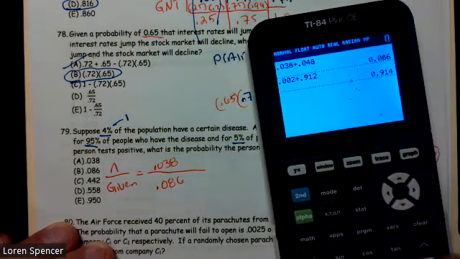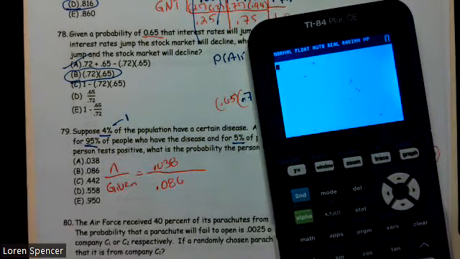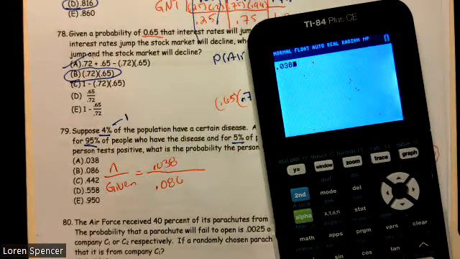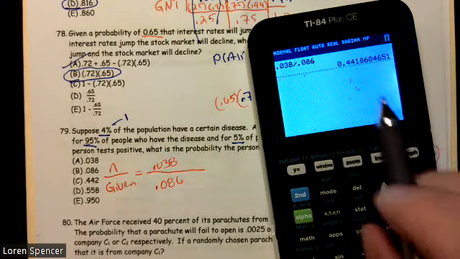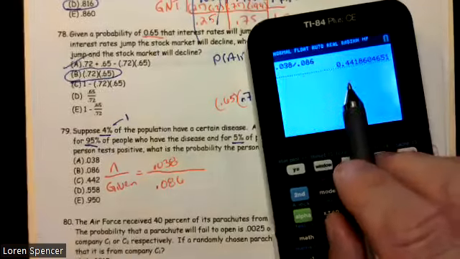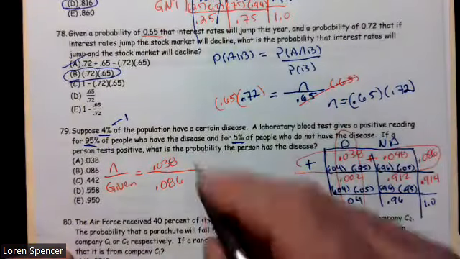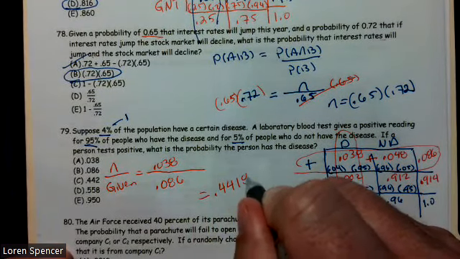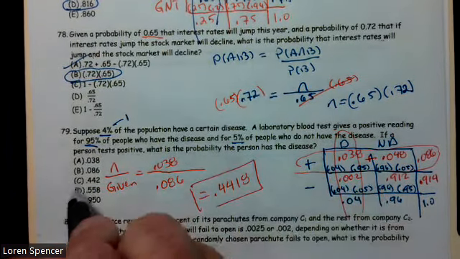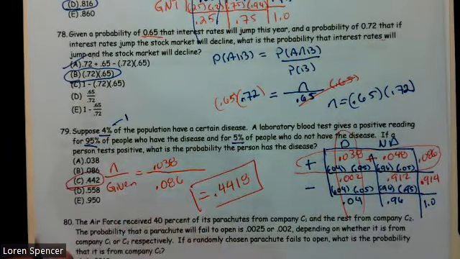So in this case, 0.038 divided by 0.086 is 0.4418. And the answer choice that's closest to that is C.